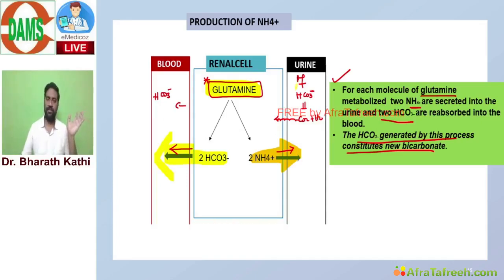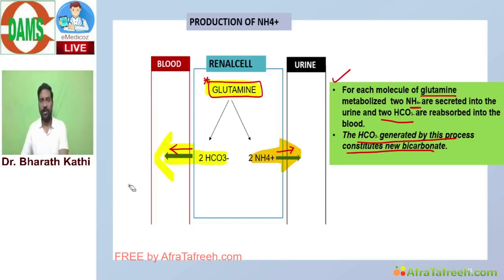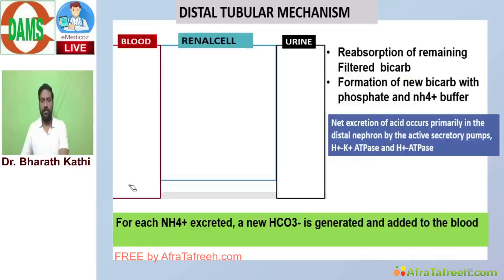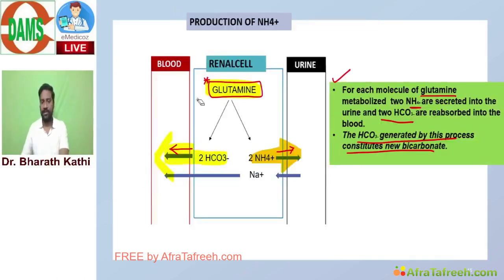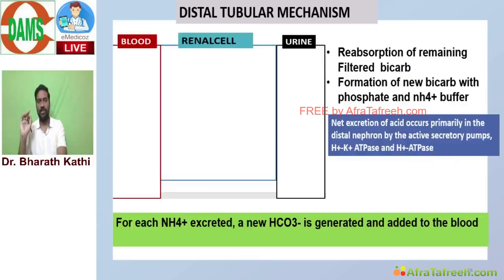Here there is no pre-existing bicarbonate in the urine. It is a new bicarbonate. Again, sodium can be taken in for whatever NH4 has gone out, and sodium and bicarbonate go into the blood. The ultimate result is, when glutamine is metabolized in the PCT, 2 bicarbonate come into the blood and this bicarbonate constitutes new bicarbonate.